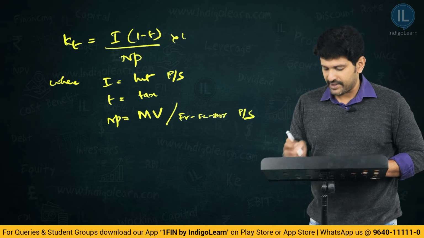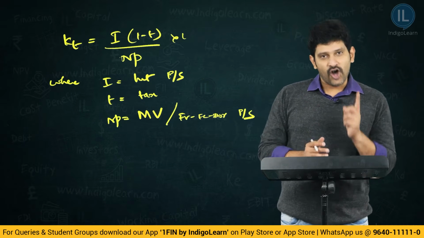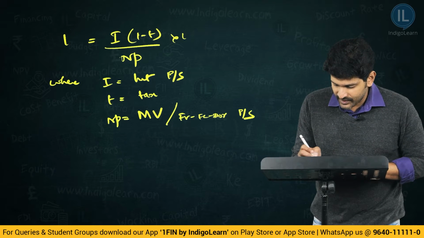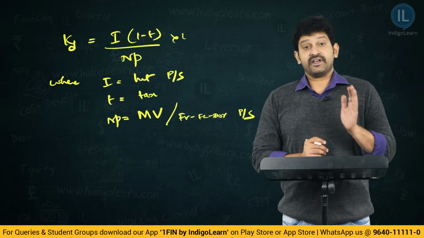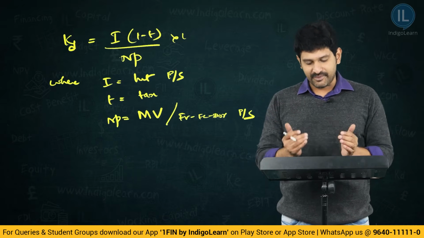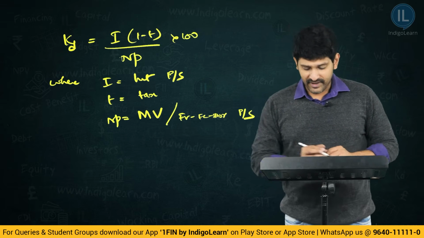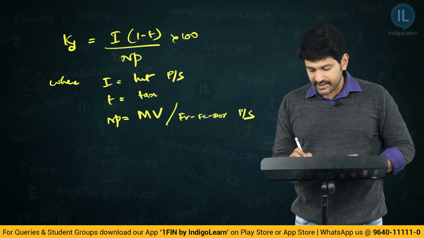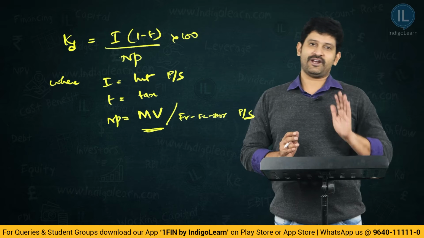This is also per security. So this is our formula of computing the cost of irredeemable. Oh, this is not T, I am so sorry, this is D. Kd is the cost of irredeemable debentures. The formula of cost of irredeemable debentures is therefore interest into 1 minus tax by net proceeds into 100, where we will take per security and the net proceeds, our priority is market value. If market value is not given, then we will go to book value.